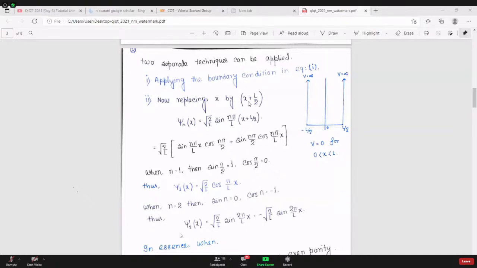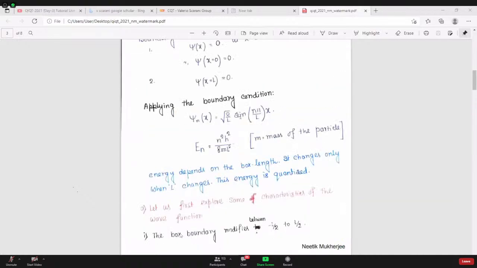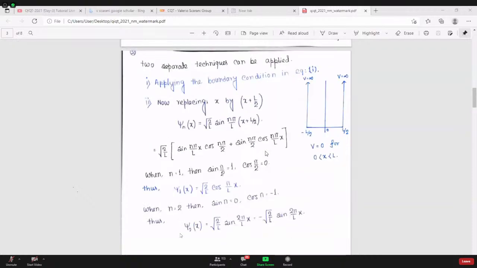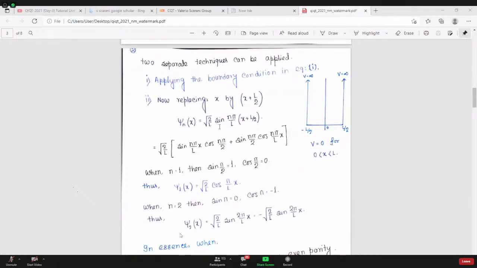In this case, in the equation psi n equal to sin n pi x by L, if we replace x by x plus L by 2, then the wave function becomes sin n pi by L into x plus L by 2.